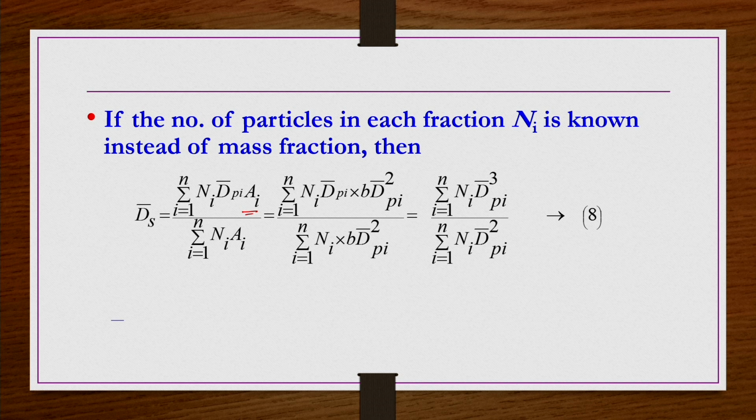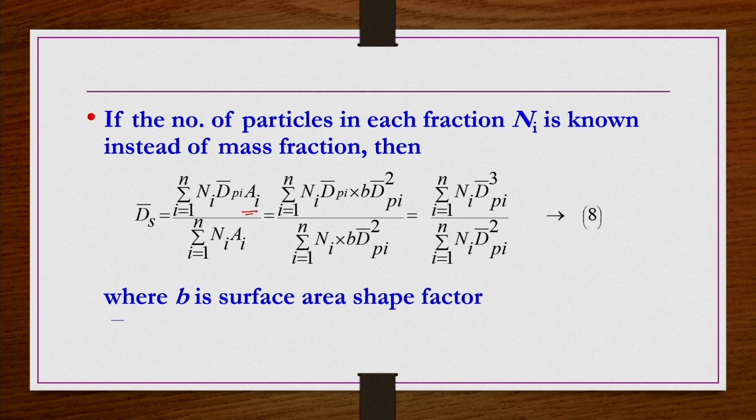Usually it is dpi bar square multiplied by some surface area shape factor b. If the particles are spherical, then the surface area shape factor b would be pi. If you have short cylinders with L equal to d, then the surface area shape factor b should be 3 pi by 2.